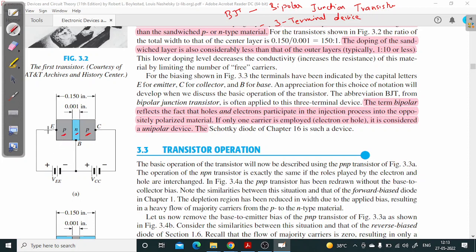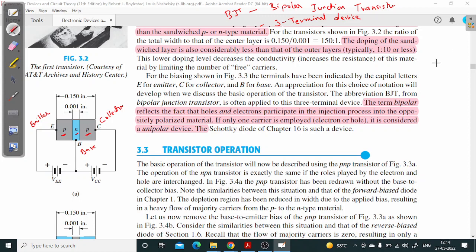So this E stands for emitter, this B stands for base, and C stands for collector. You might be aware of these terms, but still. So emitter, base, and collector are the 3 terminals. What are the 3 terminals of BJT?